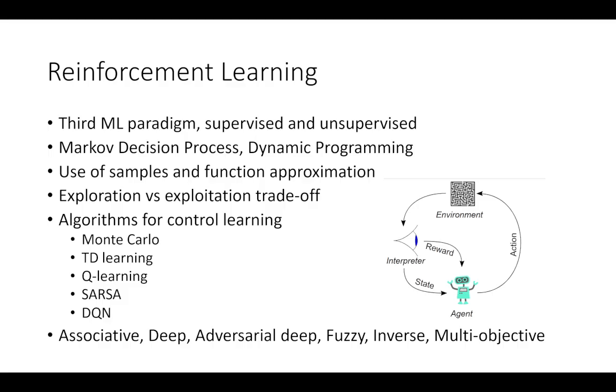Now, as reinforcement learning evolves, it is going to get classified into different types. There is associative, deep reinforcement learning, adversarial deep, fuzzy, inverse, and multi-objective. Multi-objective is more complex, where the objectives could be multiple.